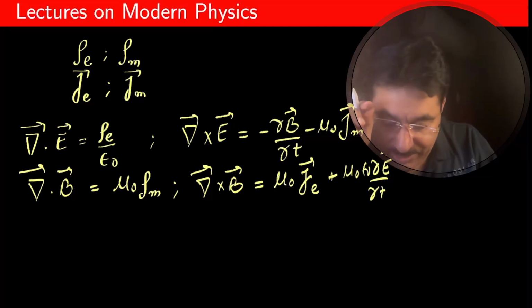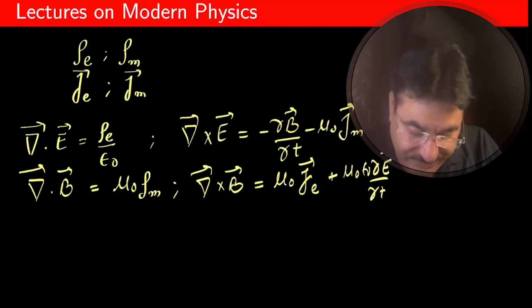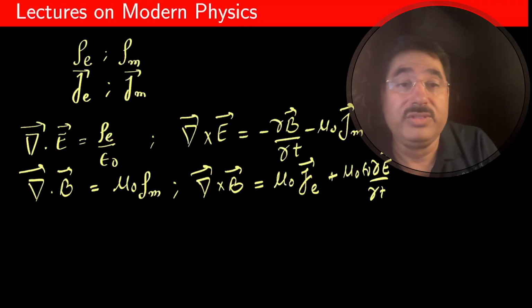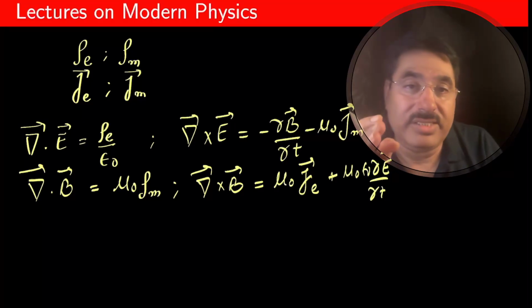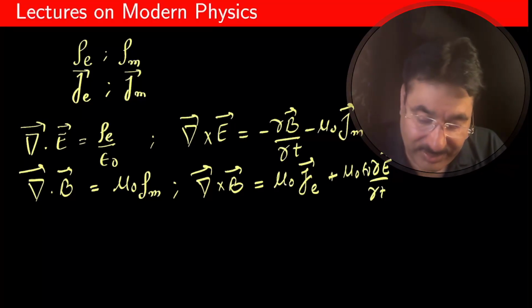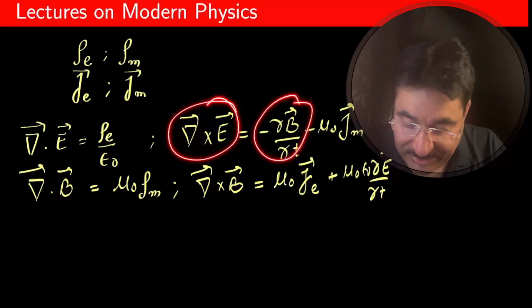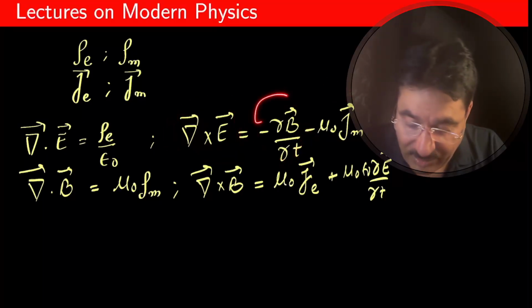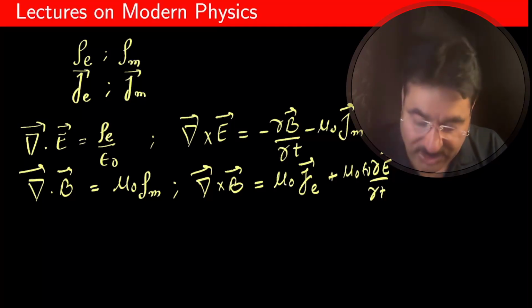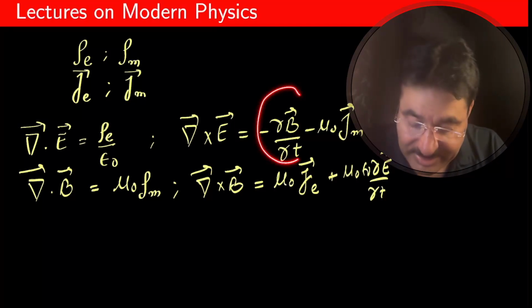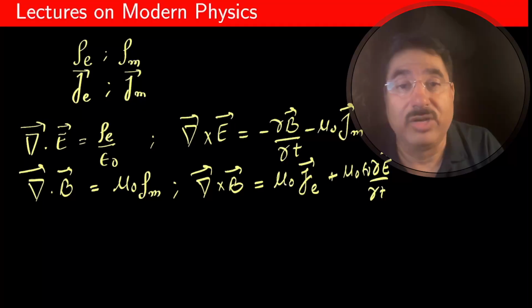All right. So now you can see that the physics of electromagnetism looks nicer actually. Now the equations look more symmetric. We had only one term in curl, now there are two terms. One term accounts for the magnetic current giving rise to electric field, and the other term is the change in magnetic field giving rise to electric field.